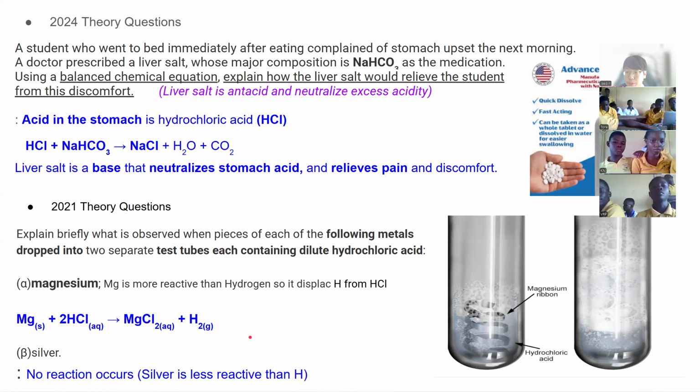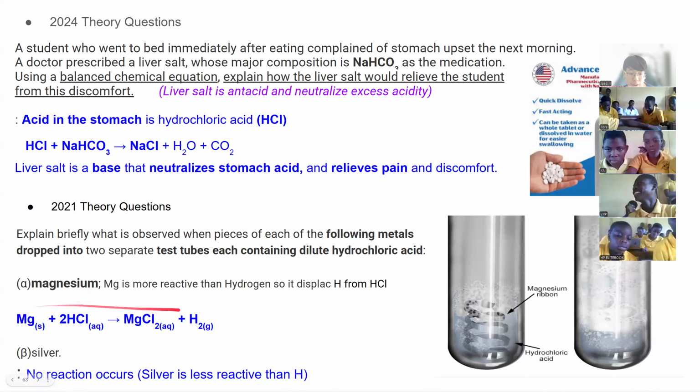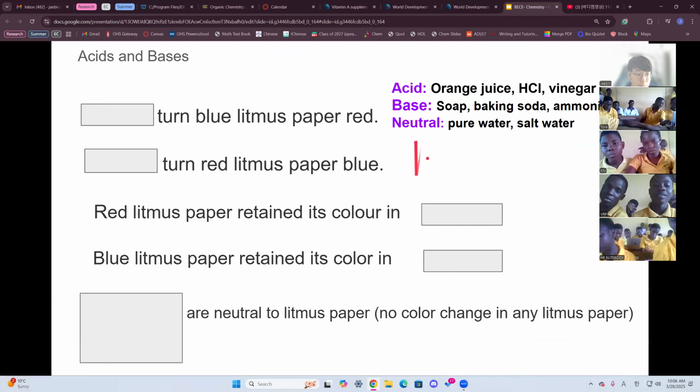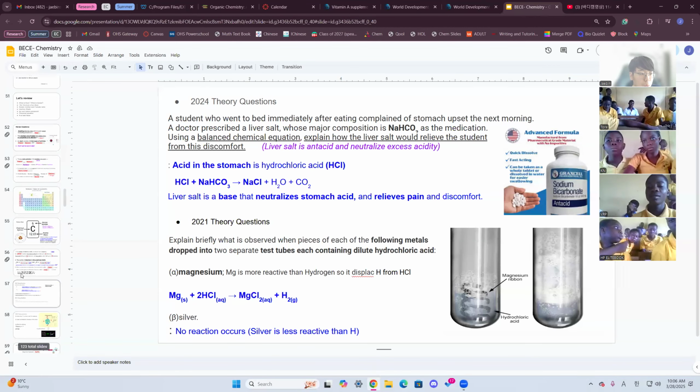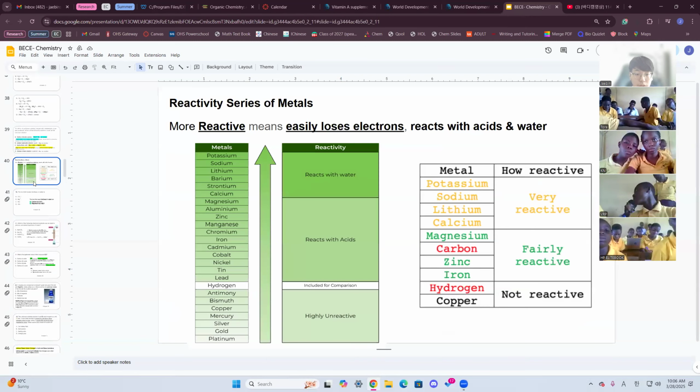So for magnesium, we have magnesium actually more reactive than hydrogen. We can look back at the activity series table and see that, for example, let me actually quickly show you the activity series over here.